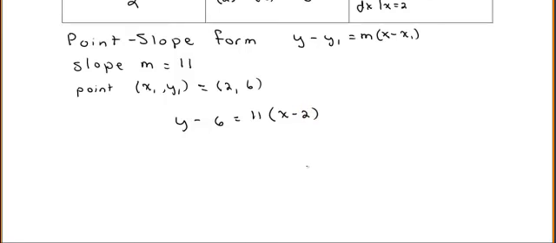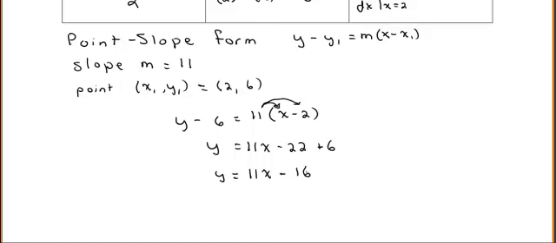The only thing we might do is put this in slope-intercept form, solve it for y, and we could rewrite this as y is equal to, multiplying through by the 11, 11x minus 22 plus 6, and that would be y is equal to 11x minus 16.